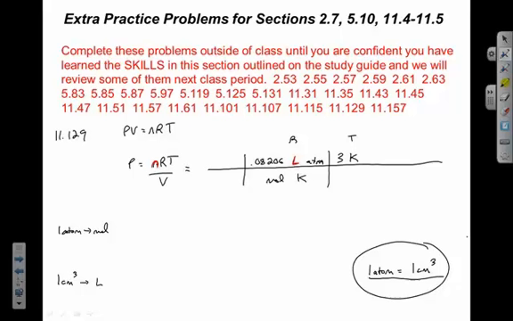Right, so for one atom, the conversion I want to do is to use Avogadro's number. That's the number of things per mole of those things.